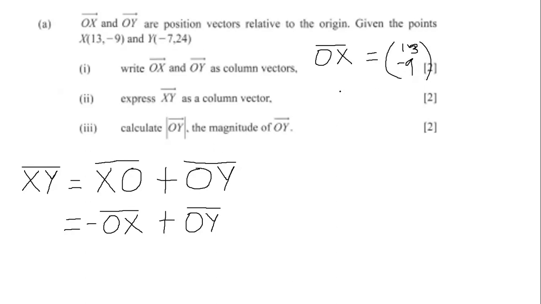And we saw that the vector OY is equal to negative 7 and 24. So OX is 13, negative 9, and OY is negative 7, 24.